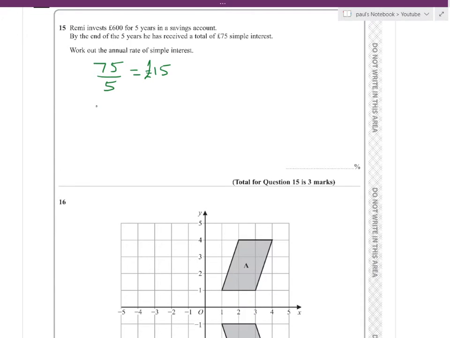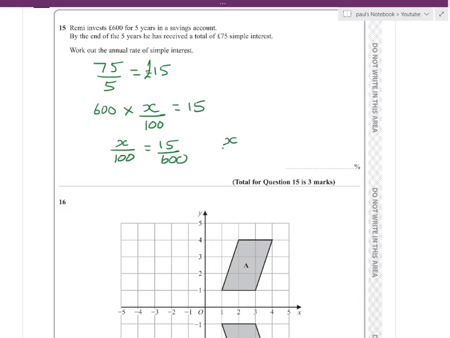So we've got 600 times something percent equals 15. So x over 100 equals 15 divided by 600.